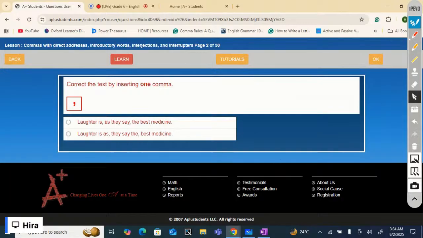Very well. And Anna, it's option one. Yes, very good. Because as they say is the interrupter. So commas are used around the interrupter. In the second option, a comma is used after as, and that is wrong. So the first option is correct.